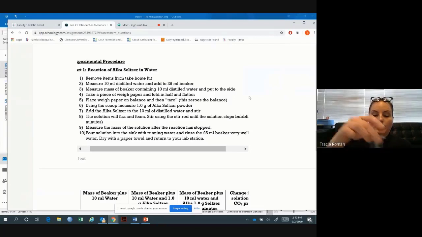Then we take the beaker off, and then we tare it again. You're going to tare a lot. Then the second mass that you want will be the mass of the beaker plus the water.